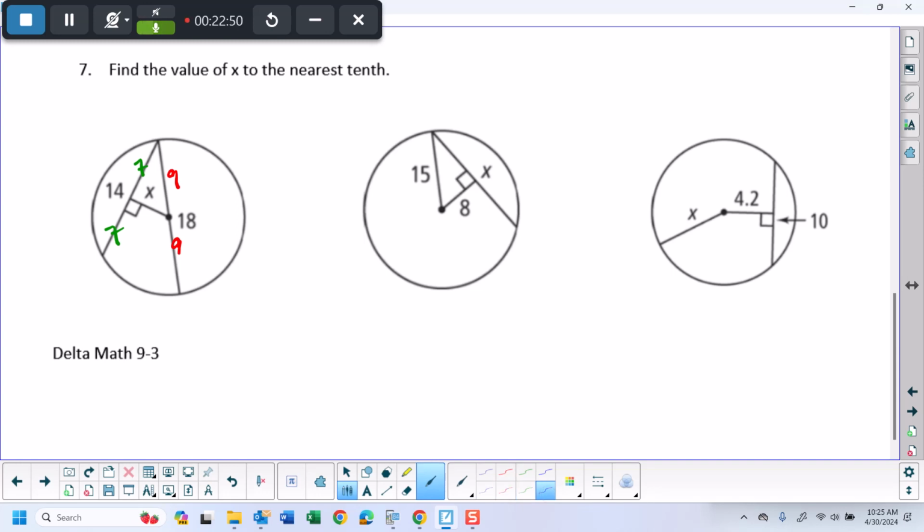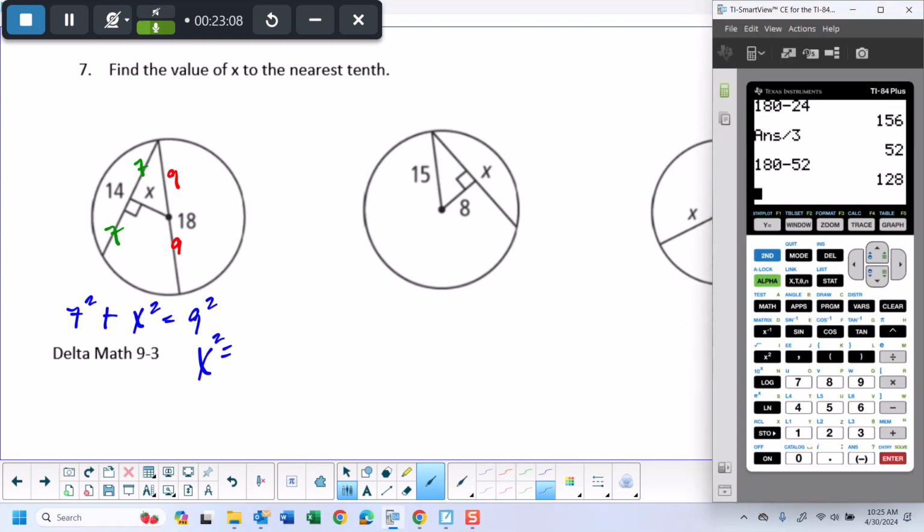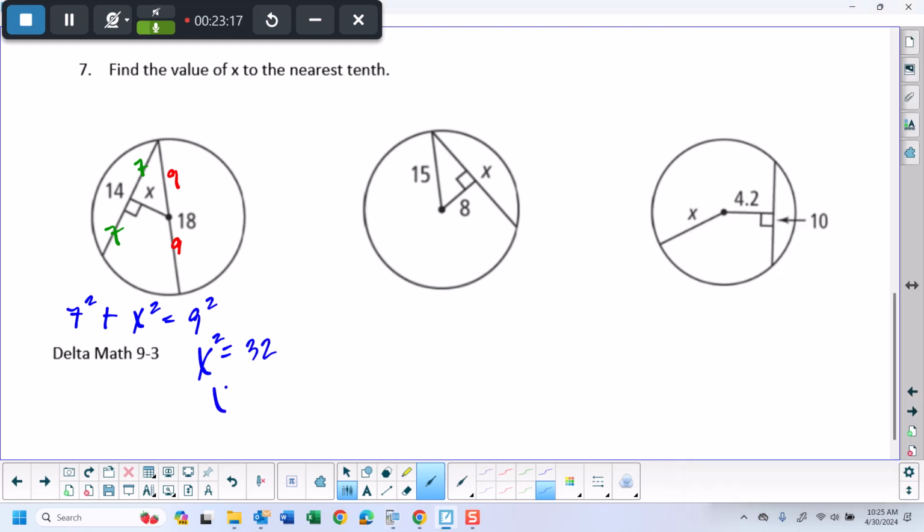So the Pythagorean theorem tells us that 7 squared plus x squared is going to be equal to 9 squared. So x squared is equal to 81 minus 49, which is 32. So then x is going to be equal to 4 root 2, to the nearest tenth.